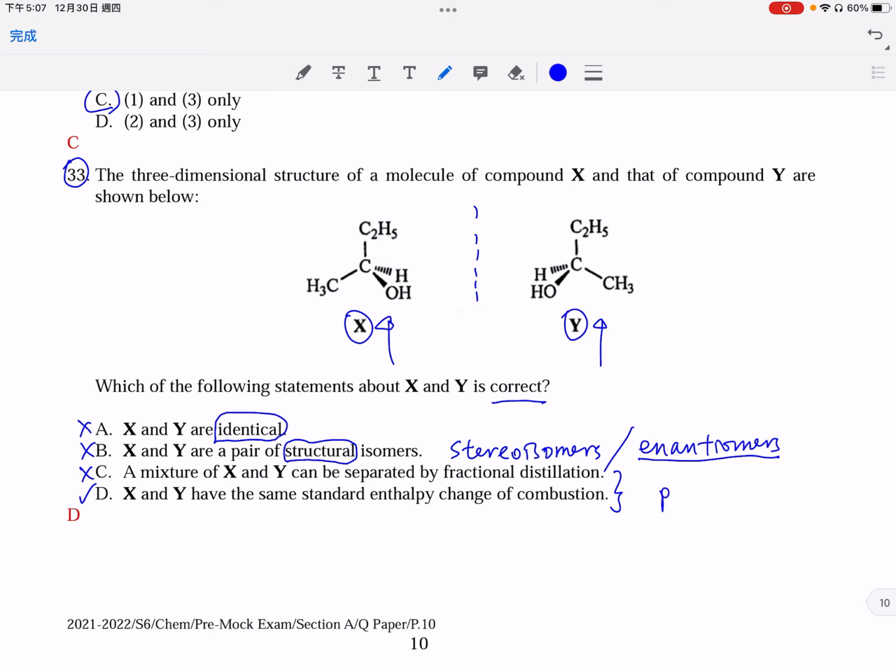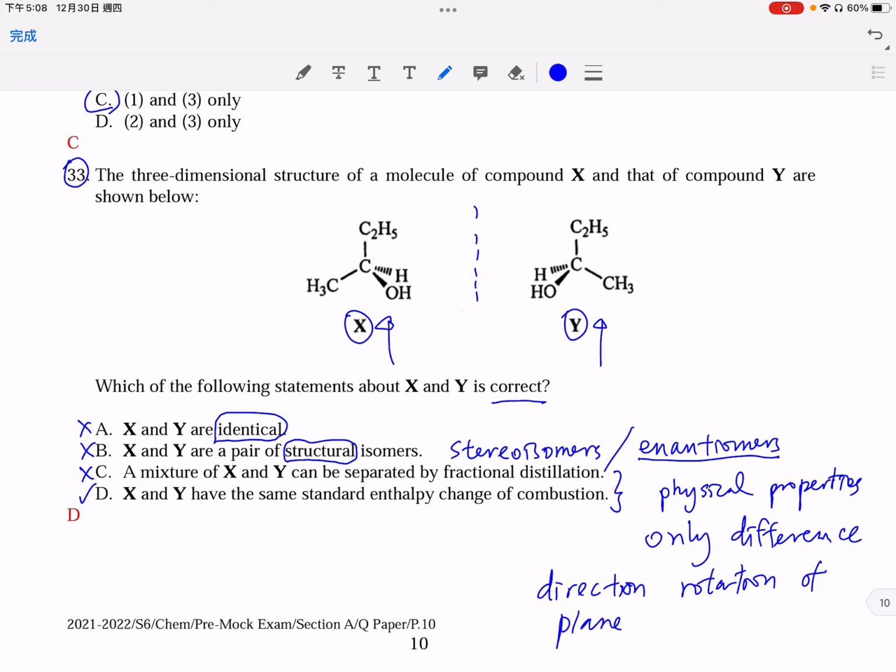The only difference in the physical property is the direction of rotation of the plane polarized light. So make sure you know this is the only difference. And therefore, D is a correct statement.